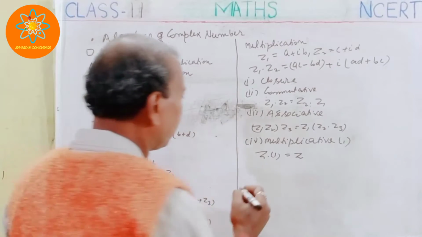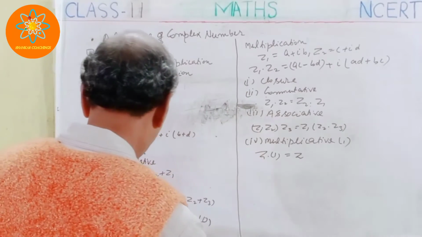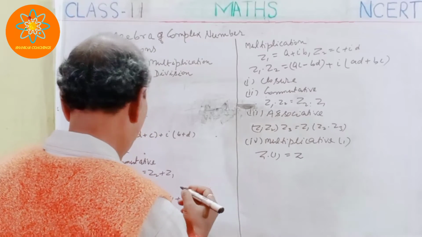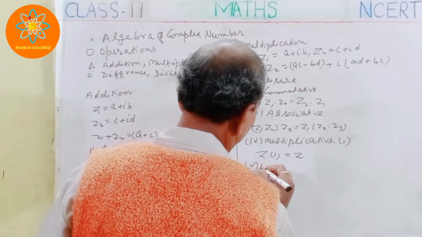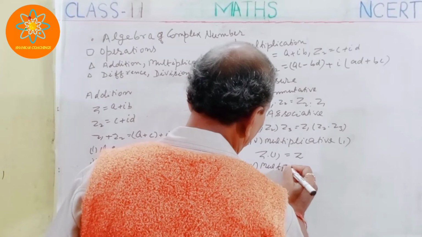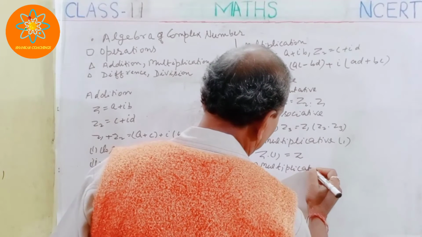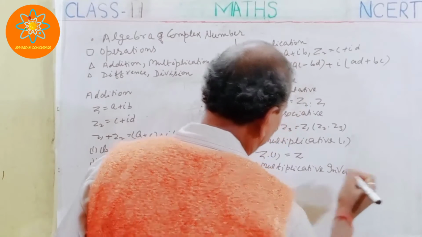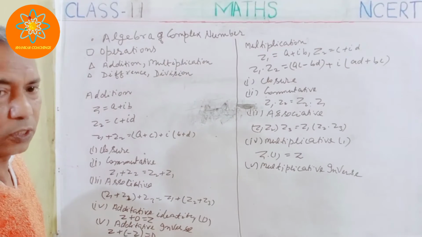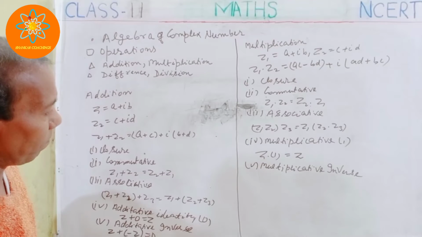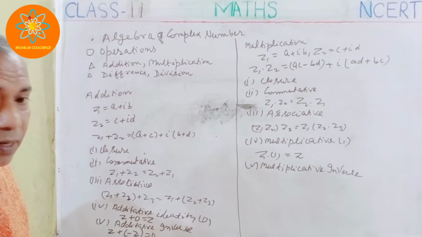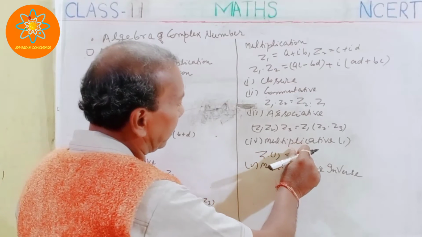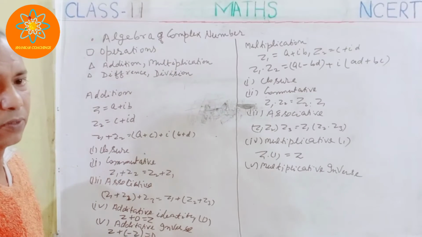Then we next come to the multiplicative inverse. Before we saw the additive inverse; here, on the last, we will see the multiplicative inverse. Multiplicative inverse means simply that if I multiply one complex number with another complex number, we must get the multiplicative identity, the value 1.